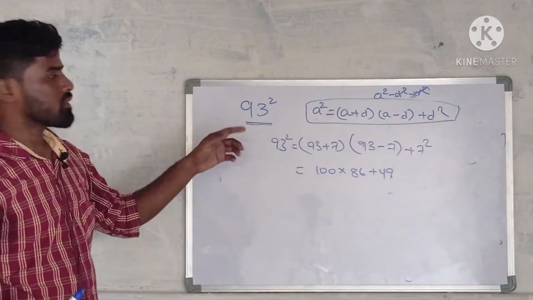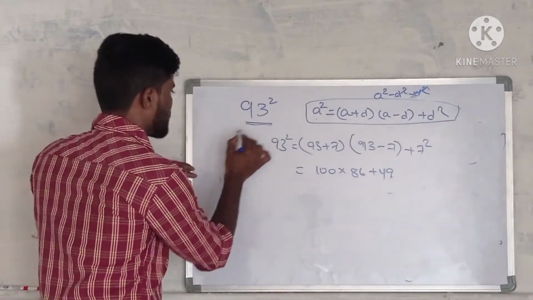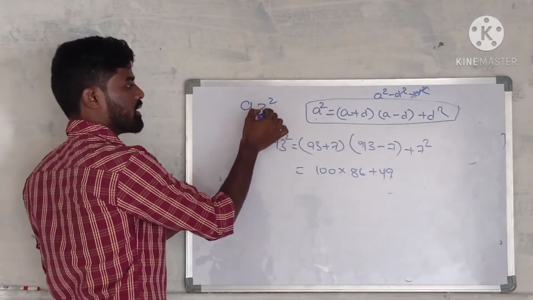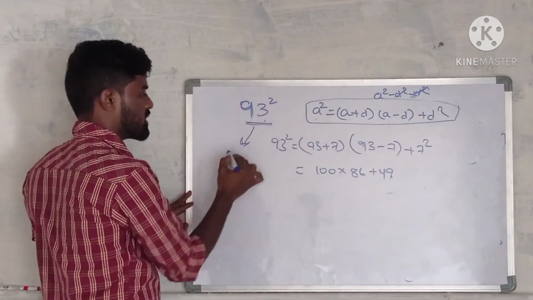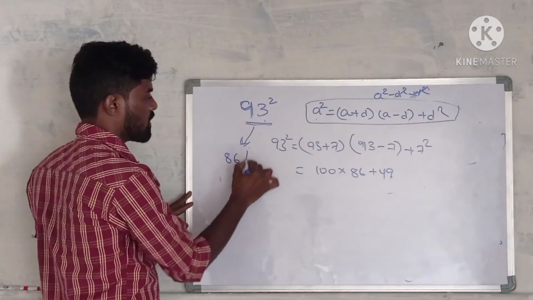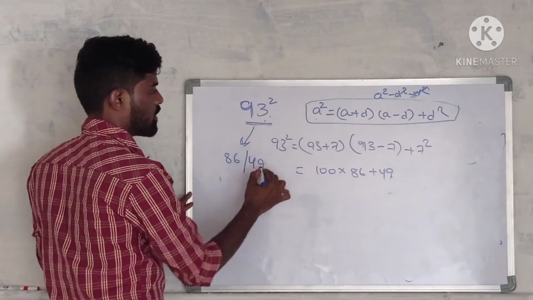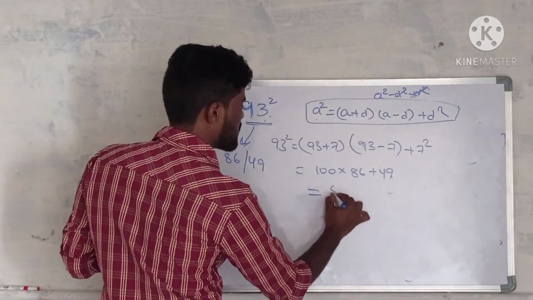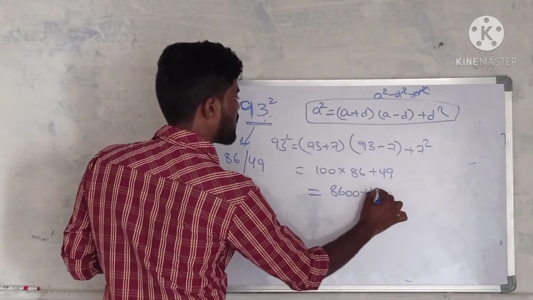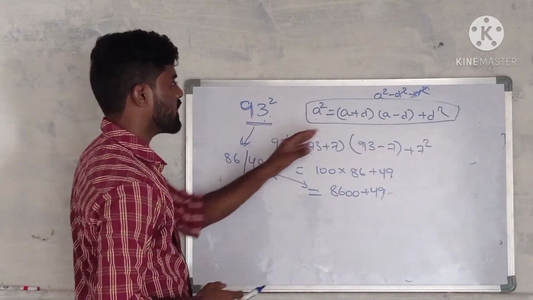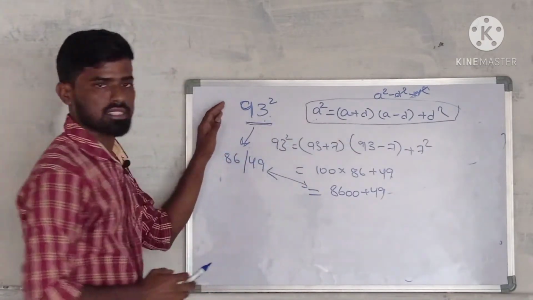By the base method of squaring, we solve this like this. 93 square is 7 less than 100, that means we have to reduce 93 by 7, which will become 86. RHS becomes the square of 7, 49. Here 8600 plus 49, the answer is the same. By this formula we have derived this concept.